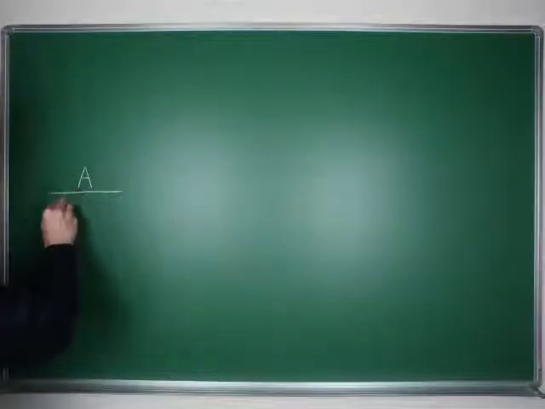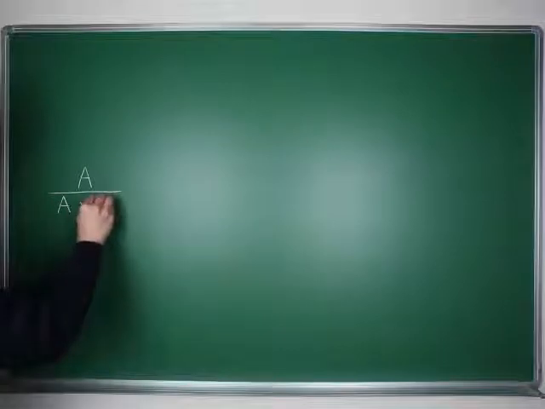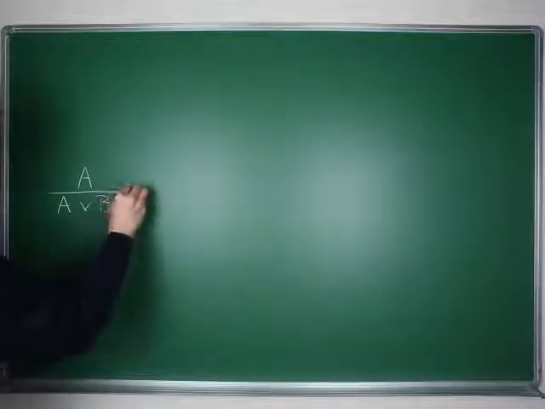There are three rules governing disjunction. The two introduction rules are quite obvious. The elimination rule is more complex.